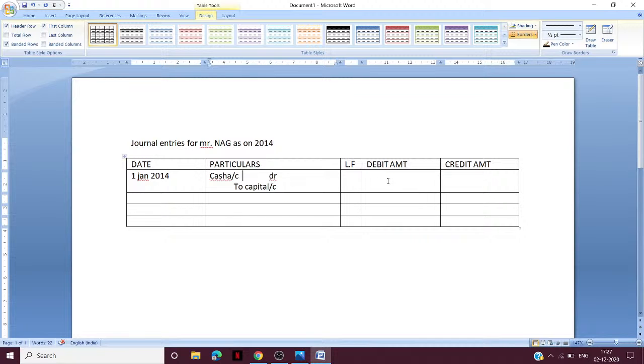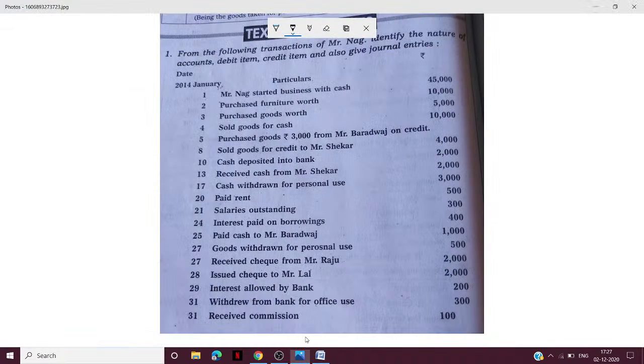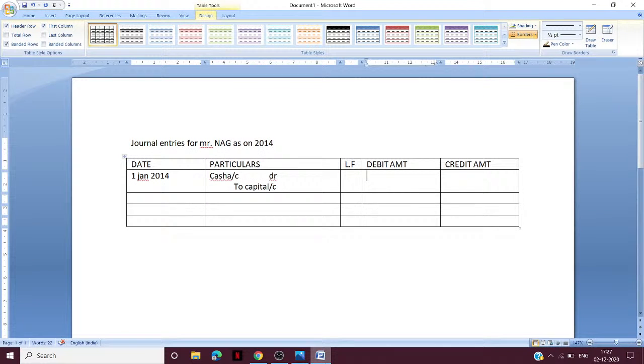This is our first transaction. Amount will be same. What is the amount? 45,000. So 45,000 in both the sides.